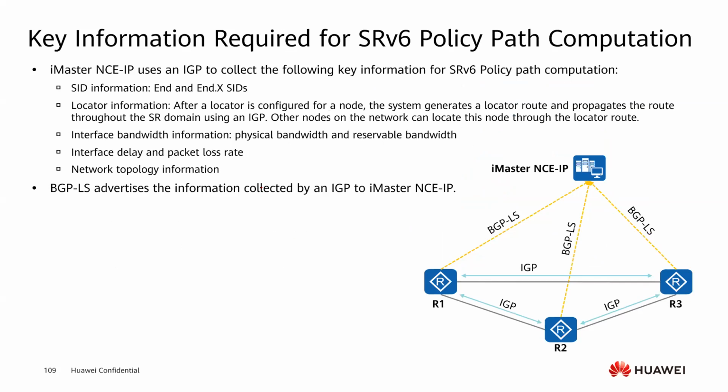This is the key information required for the SRv6 policy path computation if you want to compute it by the NCE-IP. So this is the information that needs to be collected.